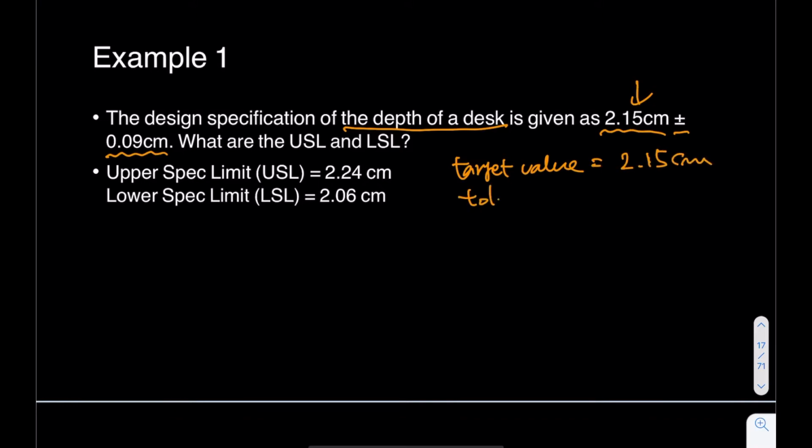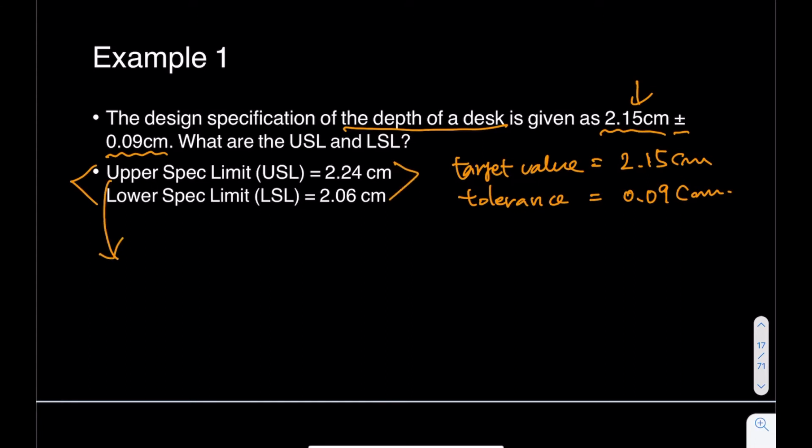And what is the tolerance? Tolerance is given as an error that is allowed, so 0.09 centimeters. Then, what are the upper specification and the lower specification? That is the question. The answer is given, but how do we get it?